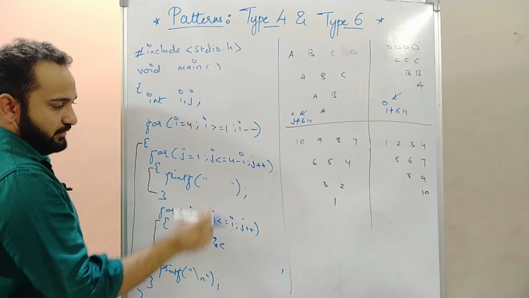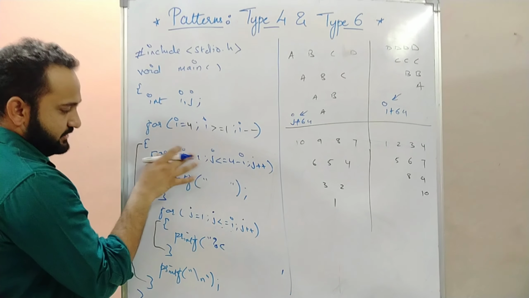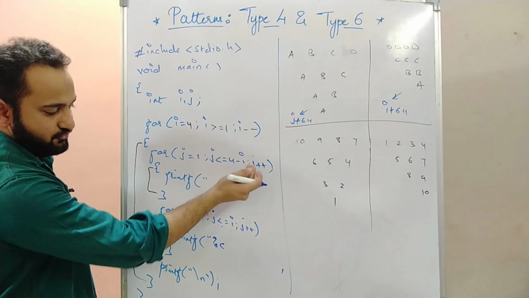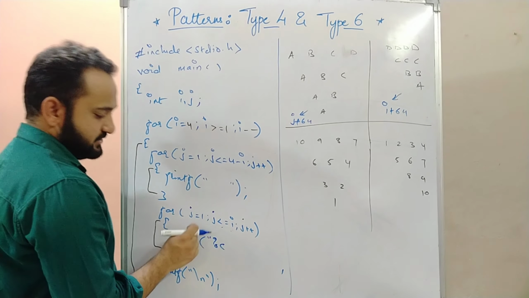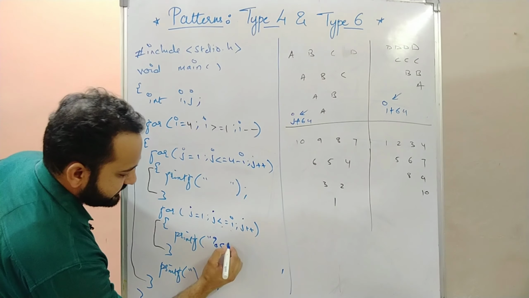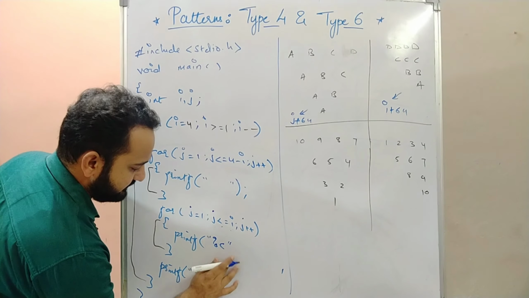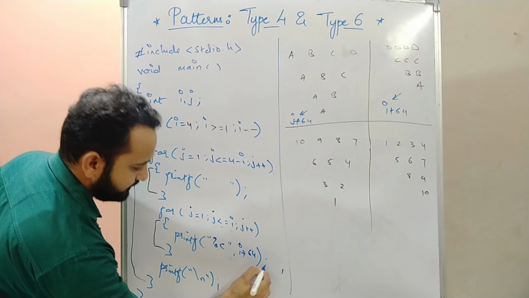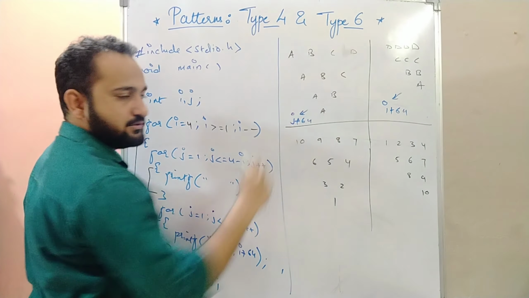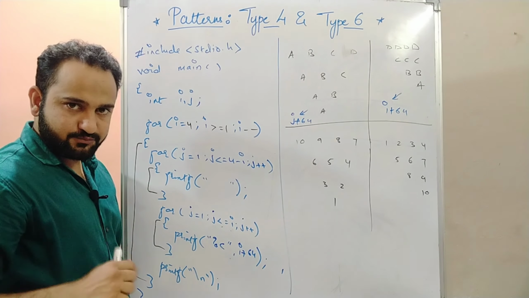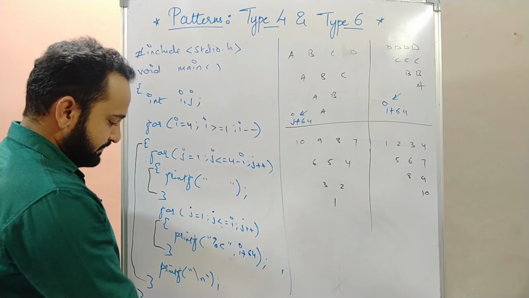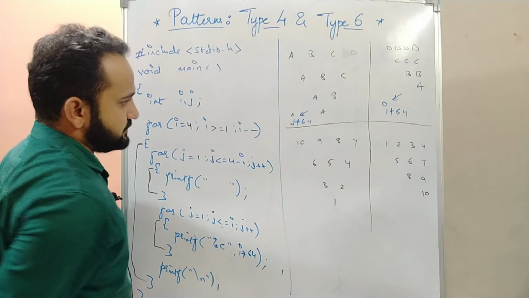I will iterate from 4 to 1 because it's inverted, and this space will run from 1 to 4 minus i, number of rows minus row number, and here j will iterate from 1 to i. Percentage c, without leaving space, print the value of i plus 64, right? If it's small letters, small d, small c, small b, small a, what will be the change? i plus 96. Fine. Okay, so we got this second pattern also.